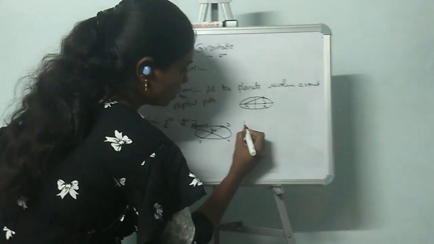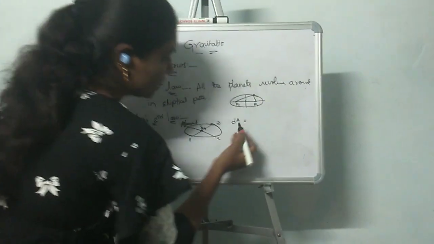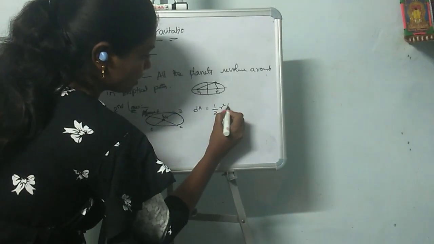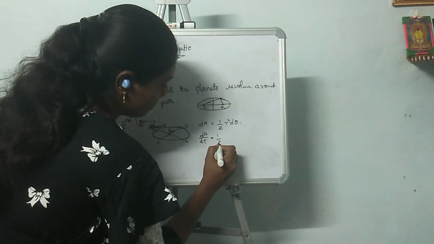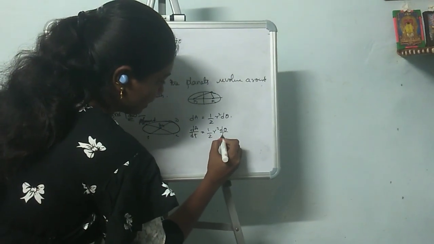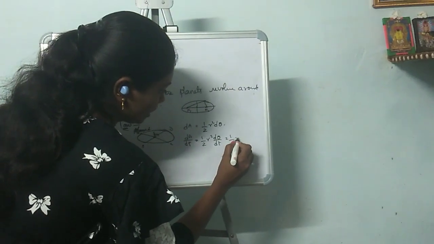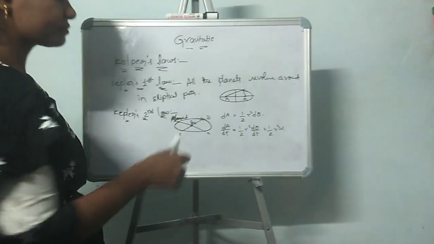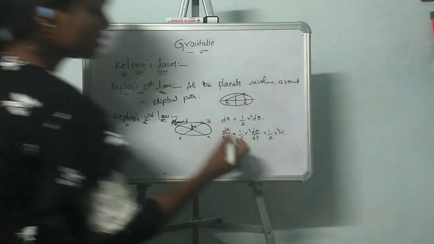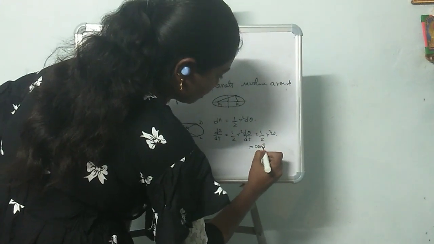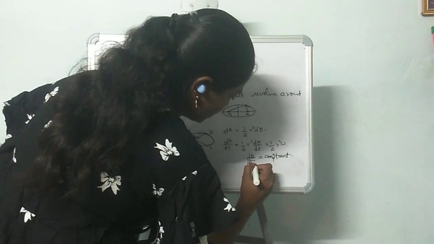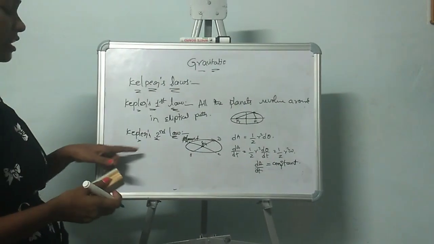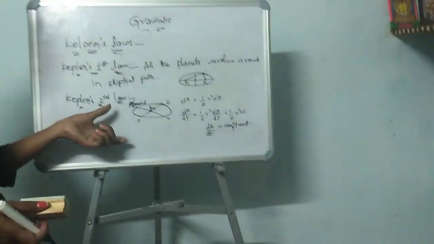So dA equal to 1 by 2 r square d theta, dA by dt equal to 1 by 2 r square d theta by dt, that equal to 1 by 2 r square omega. Then it is constant. 1 by 2 r square omega is constant. Then areal velocity is constant.